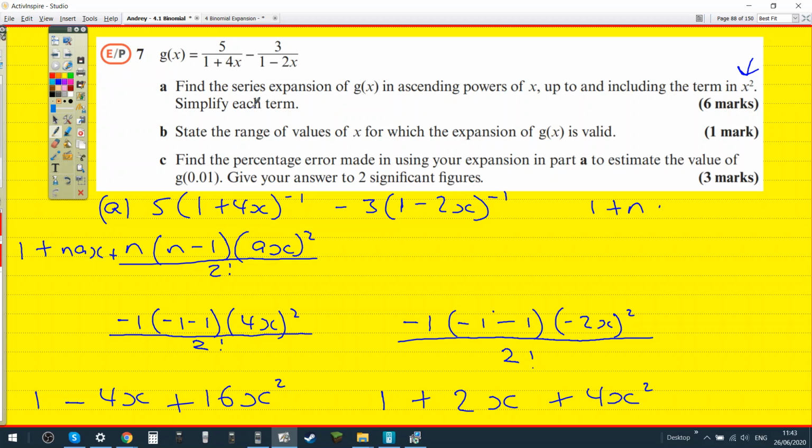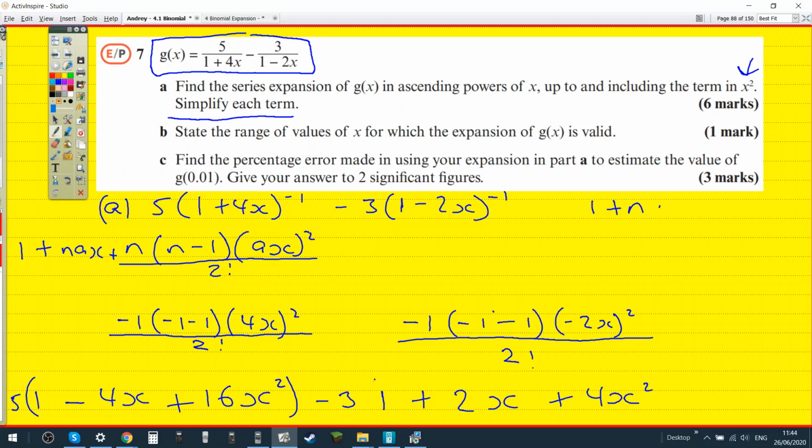How would you simplify each term for the question? Do I now need to multiply by 5 and minus 3? Yeah, I forgot about that actually. Yeah, first one times 5, second one times minus 3.